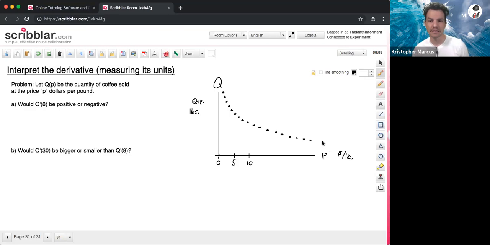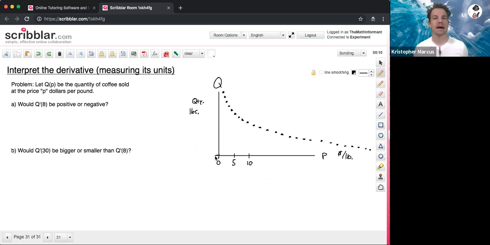So my theory is it would take an outrageous amount for this to ever even hit the x-axis where nothing is sold. Why? Because you can sell $1 million a pound coffee, and there's probably somebody that'll buy it. So this is probably asymptotic to the horizontal price of coffee per pound.